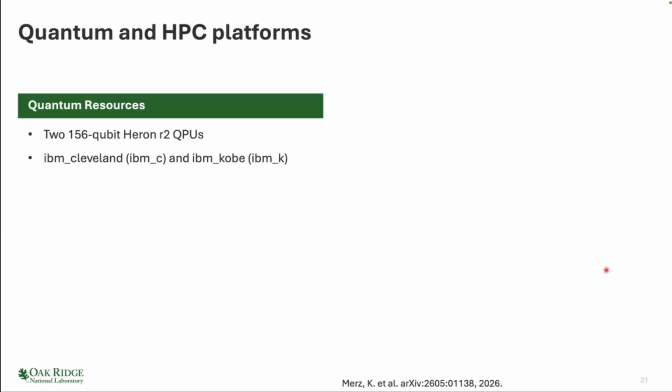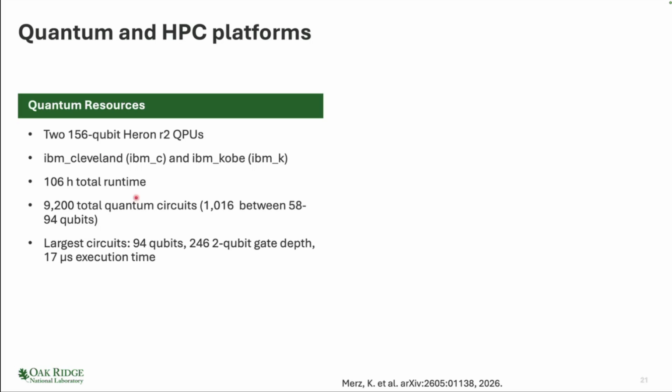So the quantum resources, as I said, are two of these 156 qubit Heron R2 quantum processing units, IBM Cleveland and IBM Kobe, 106 hours total runtime to measure 92,000 total quantum circuits, about 1,000 of which were the larger sizes, which get mapped to between 58 and 94 qubits.